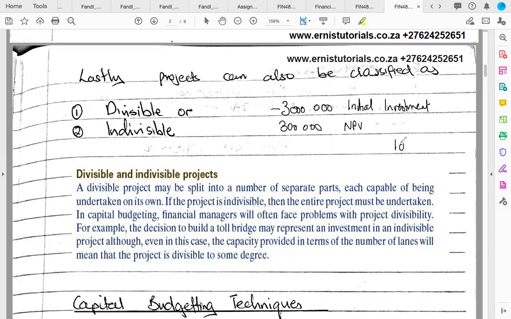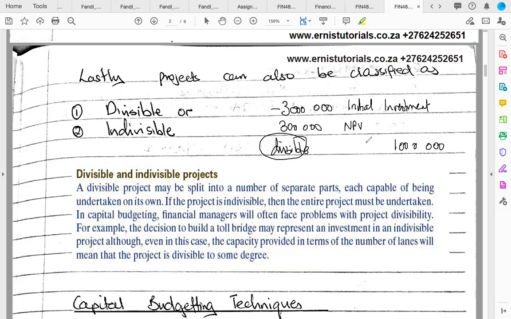And let's say the company only has 1 million to spend. If the project is divisible, it means that the company can take a part of this project.